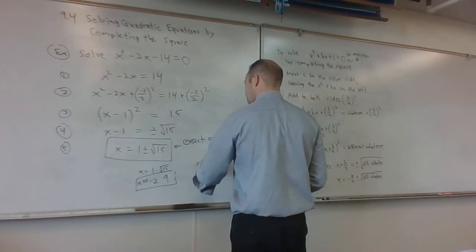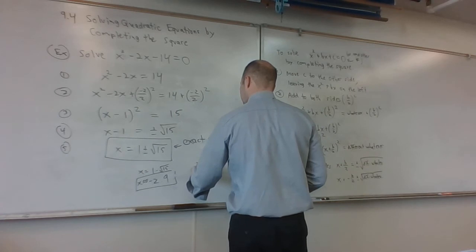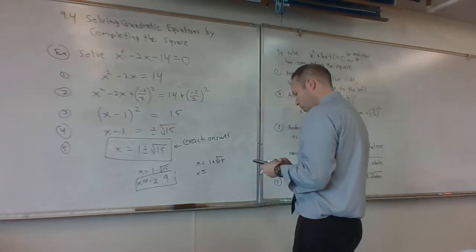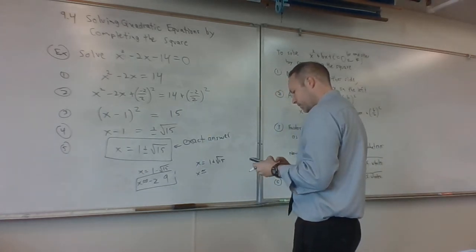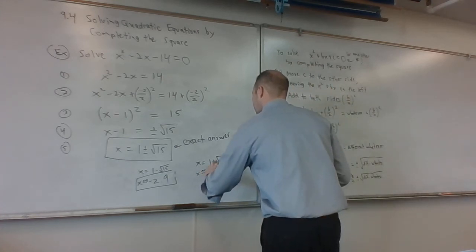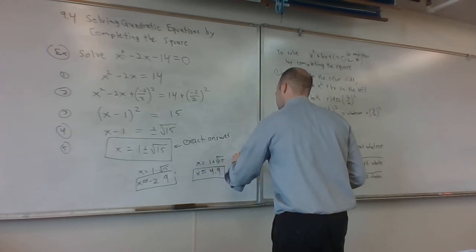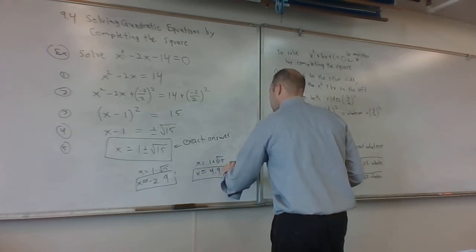And here we have x equals 1 plus square root of 15. So I do 1 plus square root of 15, and we get 4.9. X is approximately 4.9. So these are my rounded answers.